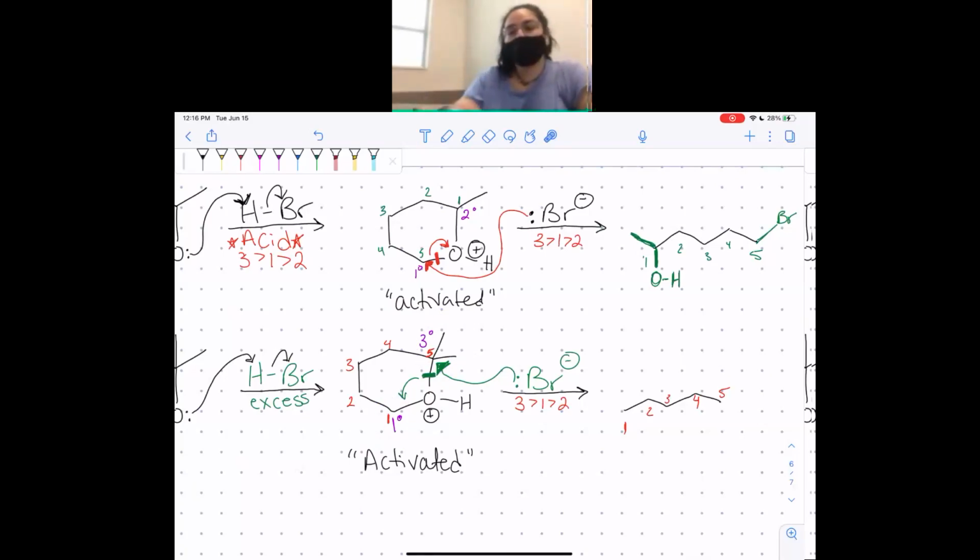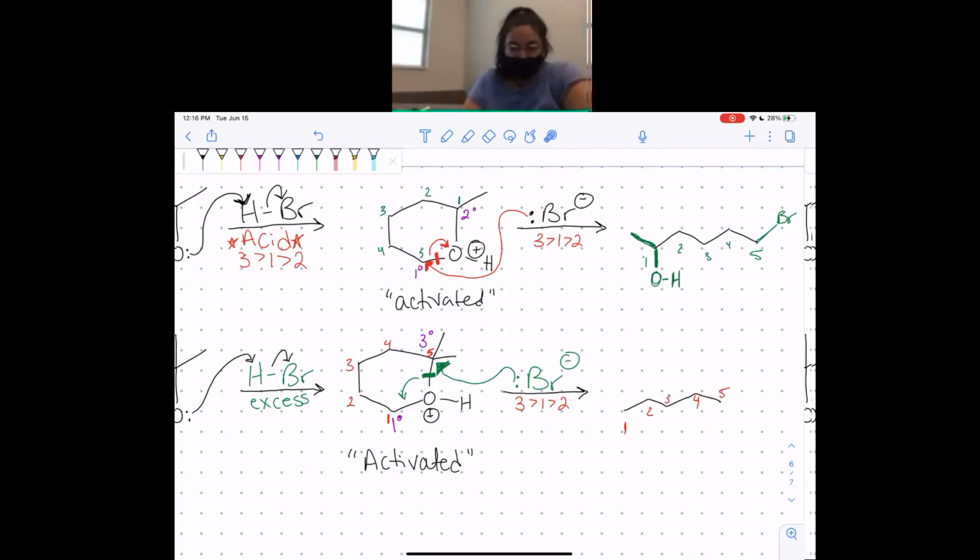And then someone asked, can you start numbering from either side? Yeah, this isn't IUPAC numbering. This is just arbitrary numbering, so you keep track of how many carbons you have. I start numbering on whichever side I'm not attacking, just so I can keep it organized in my head. You can start wherever you want. I just start on the side I'm not attacking.